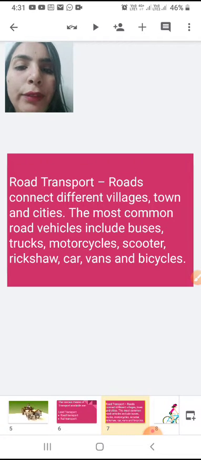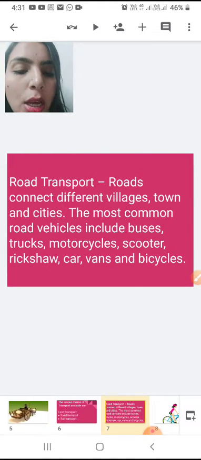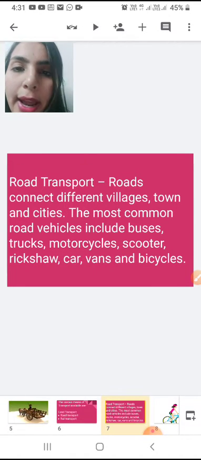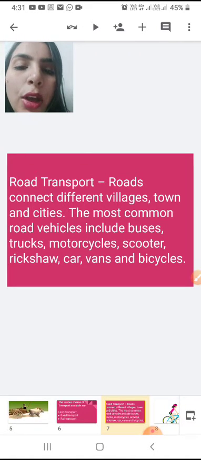If there is no hurdle, then we go through the roads. So roads connect different villages, towns and cities. The most common road vehicles include buses, trucks, motorcycles, scooters, rickshaws, cars, vans and bicycles. These are the different kinds of vehicles we use to travel on the road.